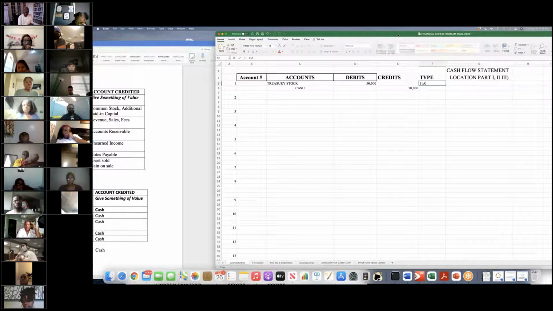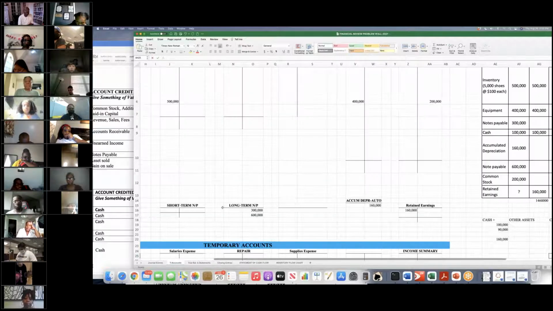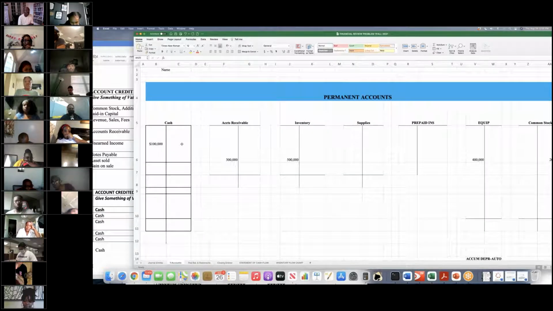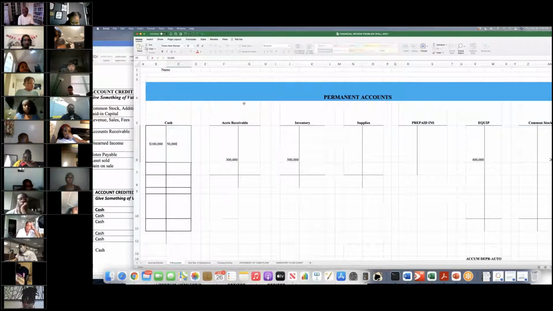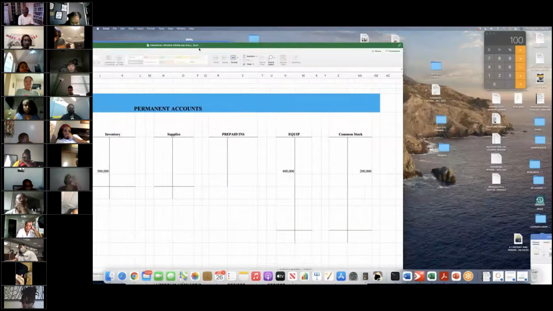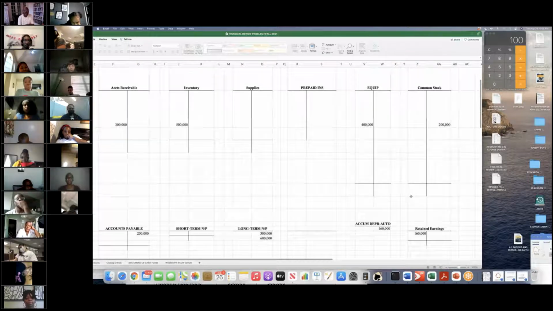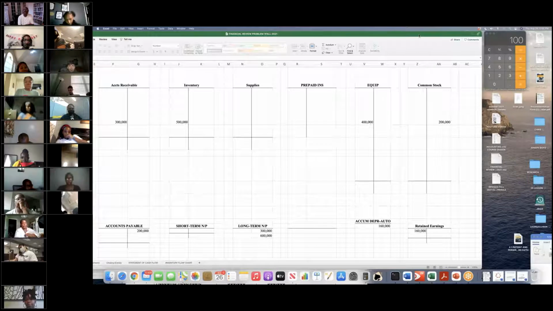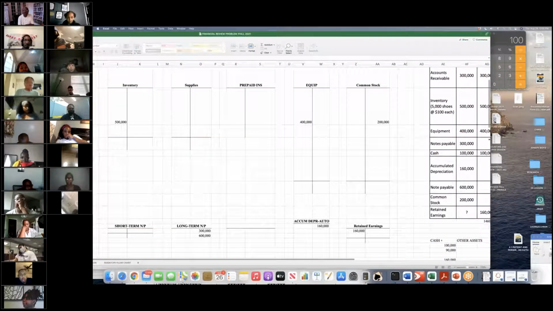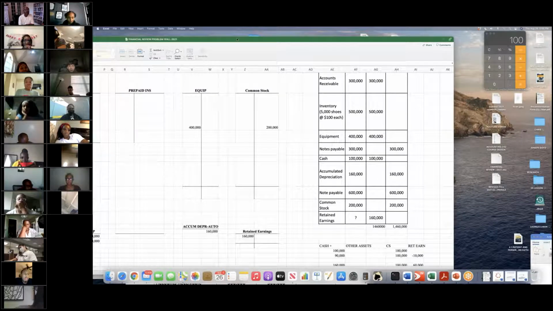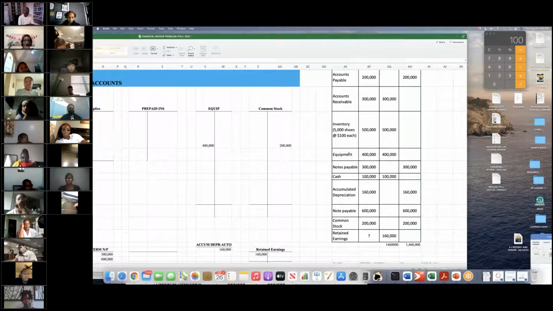Now we have to post this transaction. So we go to the T accounts and put 50,000 in here. I don't know why these things jump so.